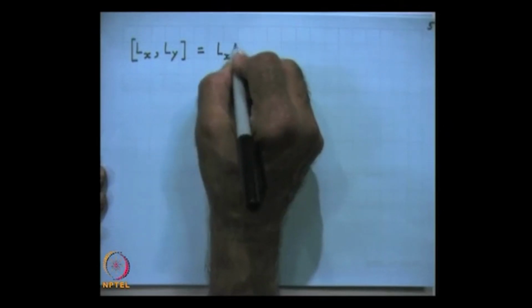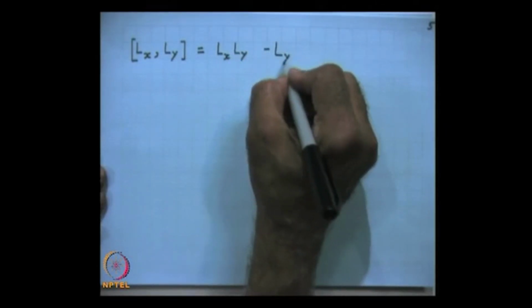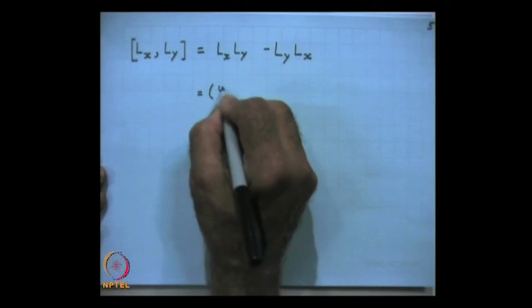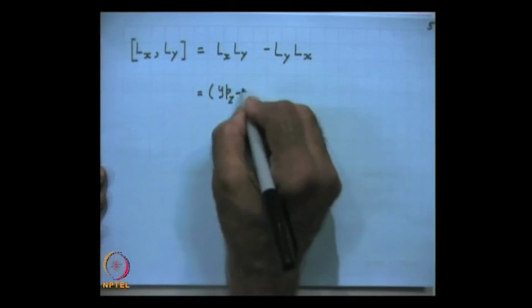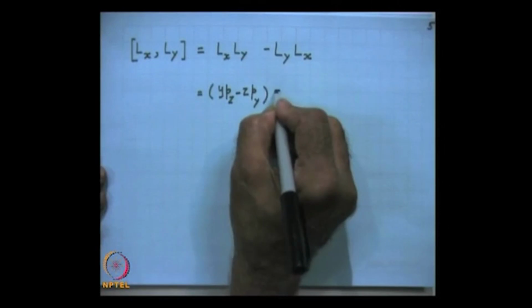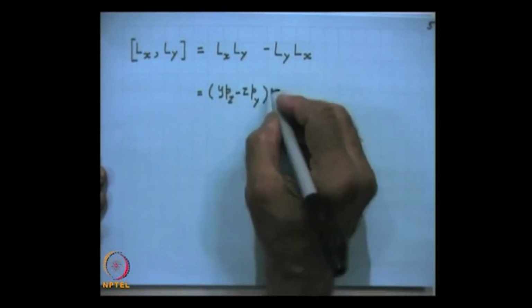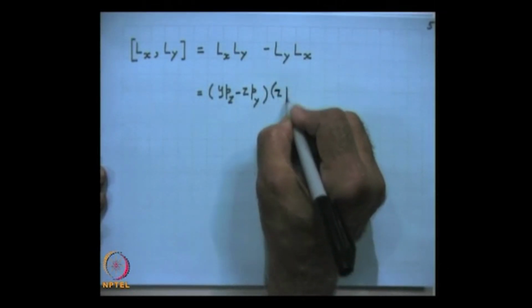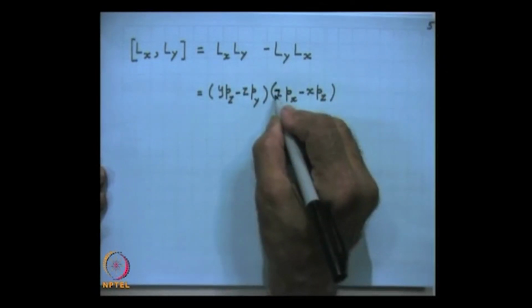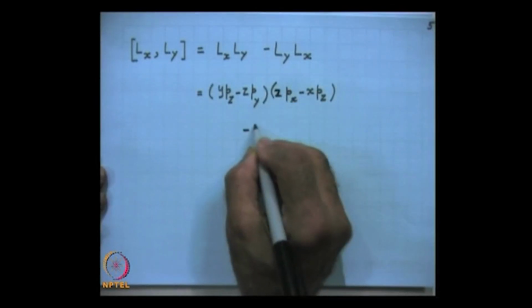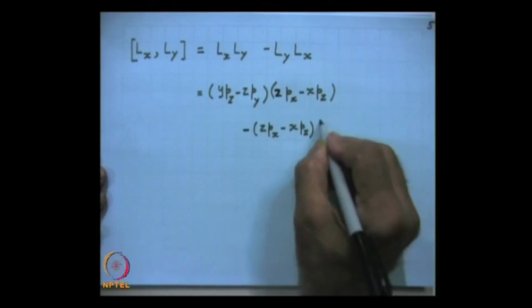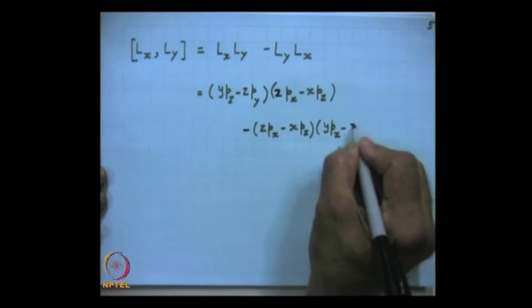So, Lx Ly minus Ly Lx, where Lx is equal to y p z minus z p y, multiplied by Ly, which is z p x minus x p z, minus the same thing in the reverse order, z p x minus x p z, and then y p z minus z p y.